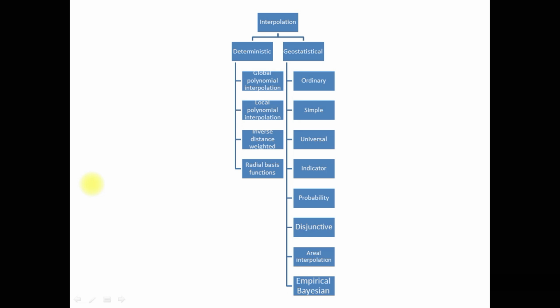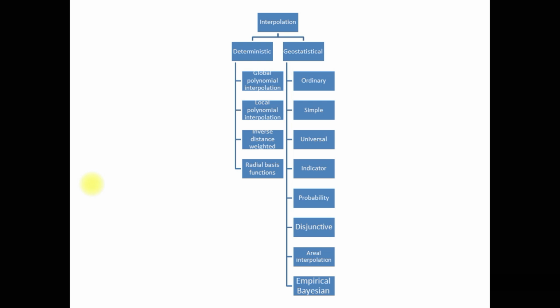So in ArcGIS and in general, there are two types of interpolation techniques. The first one is deterministic, and the second one is geostatistical. Deterministic methods are often widely used because they were invented earlier than geostatistical tools, and they are simple to understand and easily calculated. These include global polynomial interpolation, local polynomial, inverse distance weighted method like IDW, and radial basis functions.